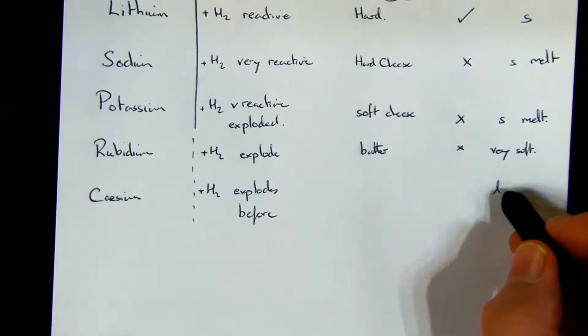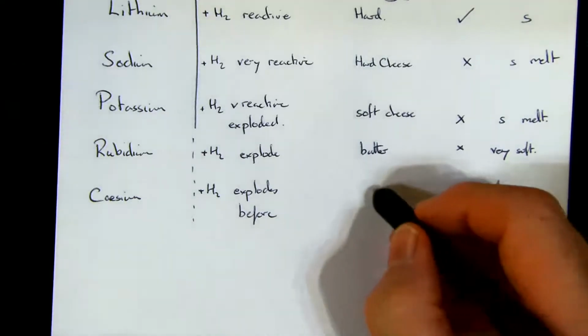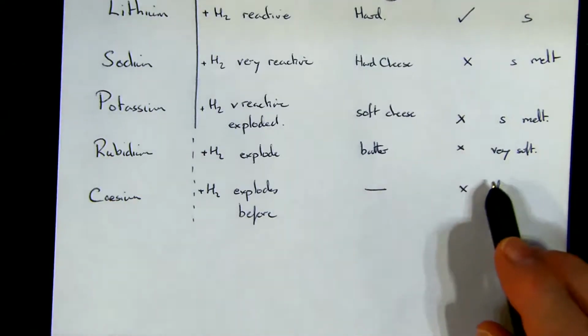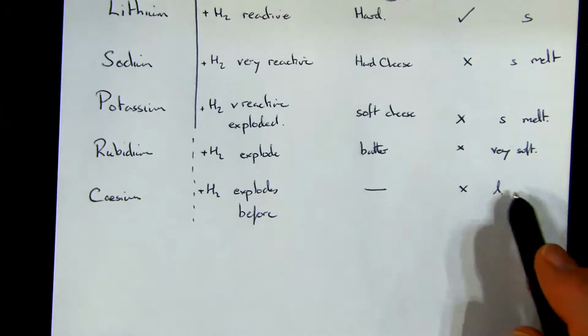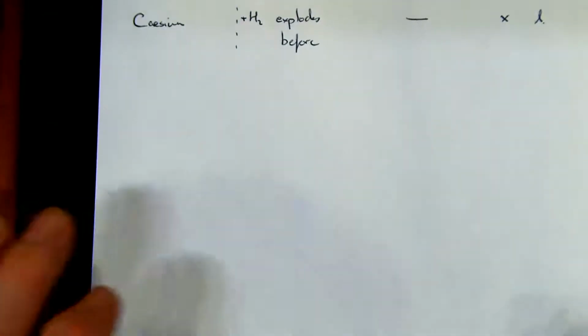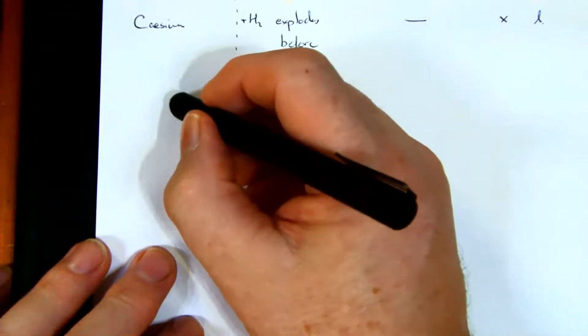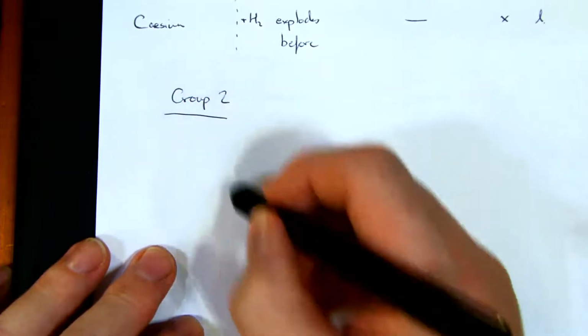So this one doesn't float, and cutting is usually irrelevant because a lot of the time with cesium, I find that it's actually turned to liquid. So there are reactions of these. Let's have a look now to compare that with the group 2 metals.